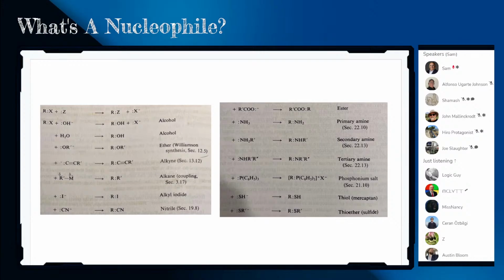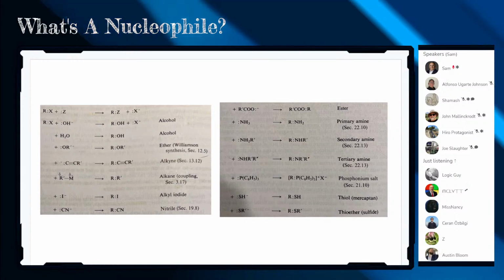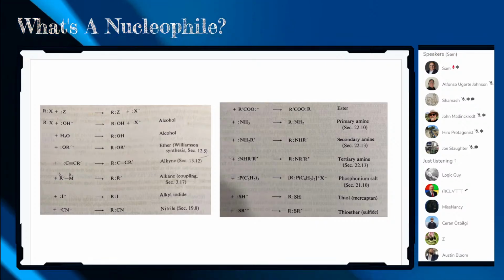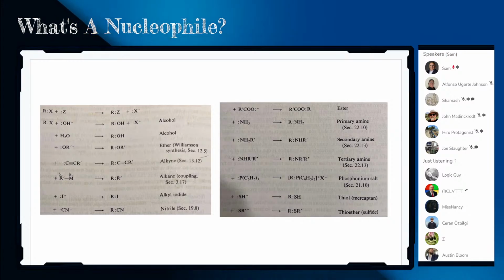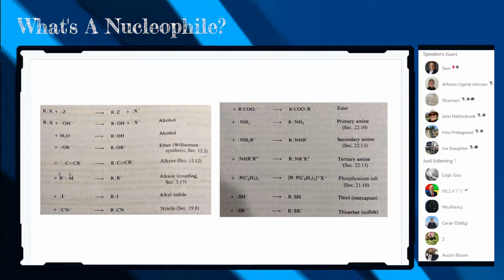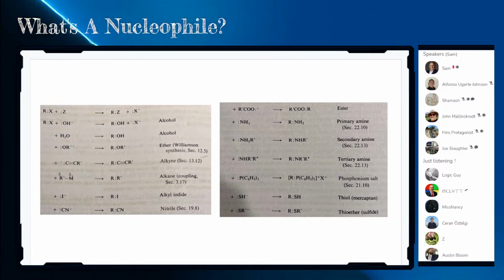Yeah. So basically on slide 11, on top we have slide 10. We have RX plus Z gives RZ plus X minus. Now, RX remains the same throughout this table. RX just means your alkyl halide. That is, R is an alkyl group, an organic group. X is a halogen, chloro, bromo, iodo. And Z now is your nucleophile that gets varied throughout this table.